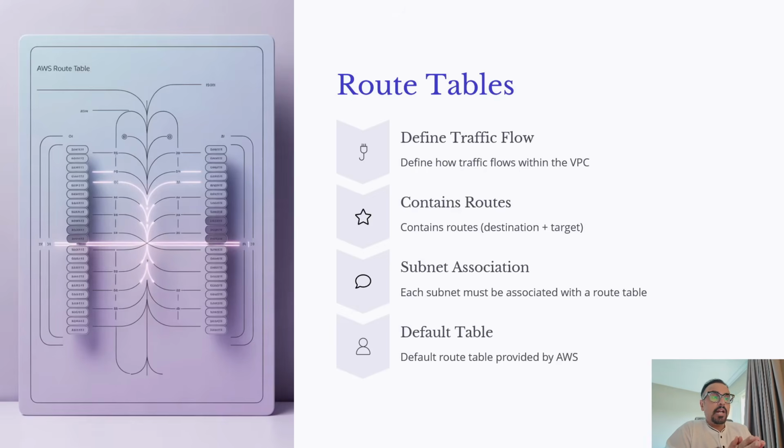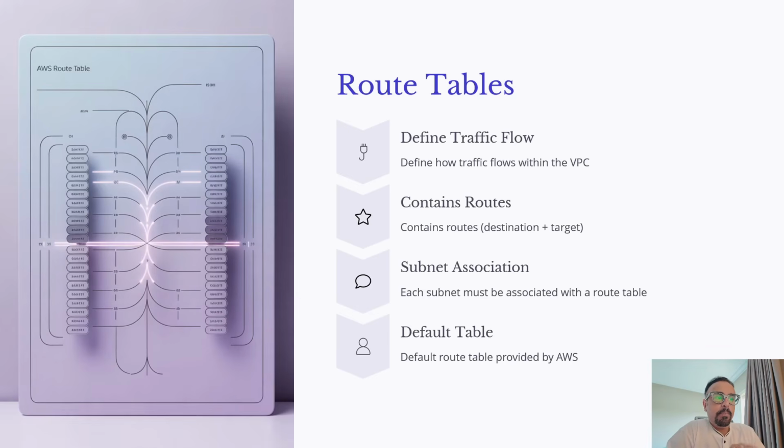Now let's look at route tables, which control how traffic moves inside your VPC. A route table is essentially a set of rules that define the traffic flow. Each rule, called a route, specifies a destination and a target. For example, traffic going to the internet should be directed through the internet gateway only.